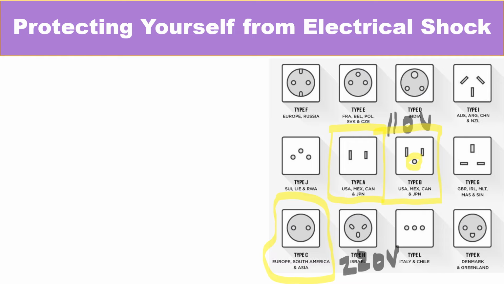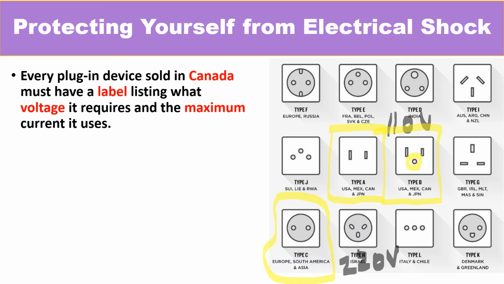But in any case, every plug-in device sold in Canada must have a label listing what voltage is required and the maximum current it uses. Like I said, for Science 9, we are using 110 volt in Canada and the US, and that's good enough for you to understand. Technically, 220 voltage, even though the voltage is high, is actually a little bit safer.